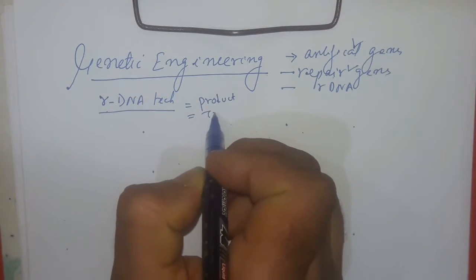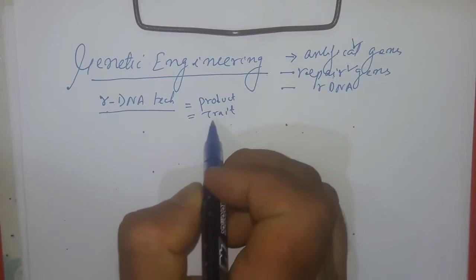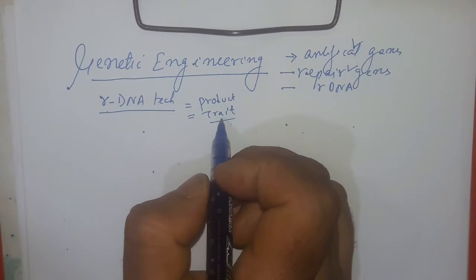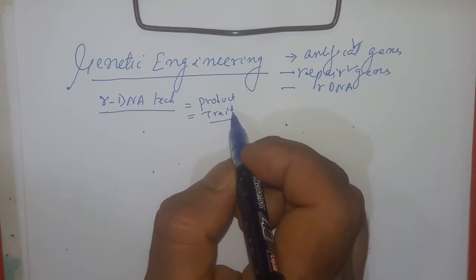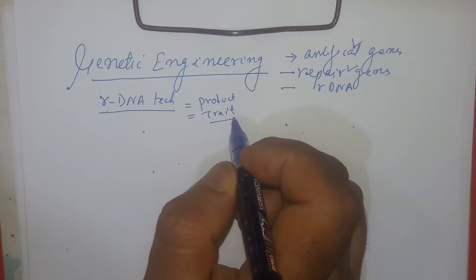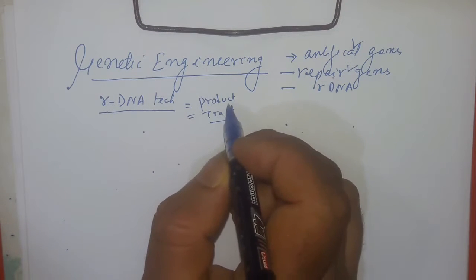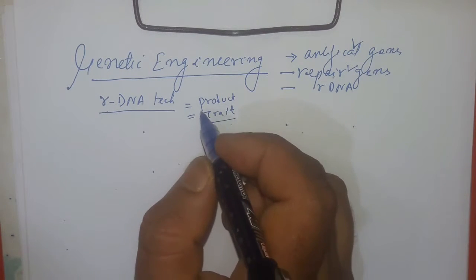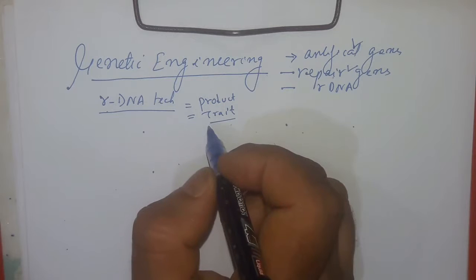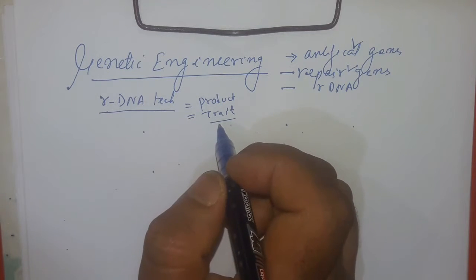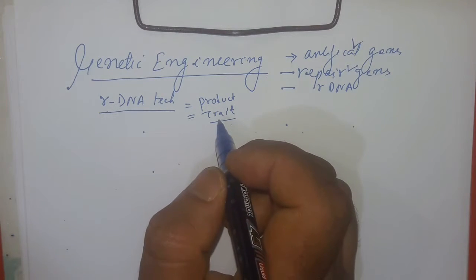So it is based on two important discoveries in bacteria. So we have product and we have trait of desired thing. Now, as I said, this giving product and getting trait, two important aspects of gene splicing or rDNA technology.